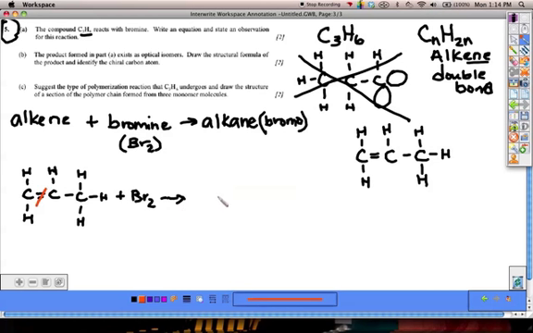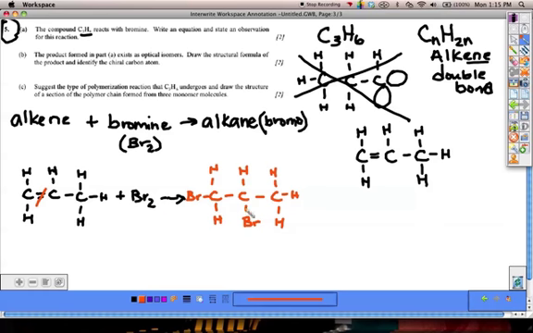So our final is going to be C, single bonded to C, single bonded to the final C. That carbon on the end is still a CH3. This carbon still has that 1 hydrogen. This carbon still has those 2 hydrogens, and then we add some bromines to them.